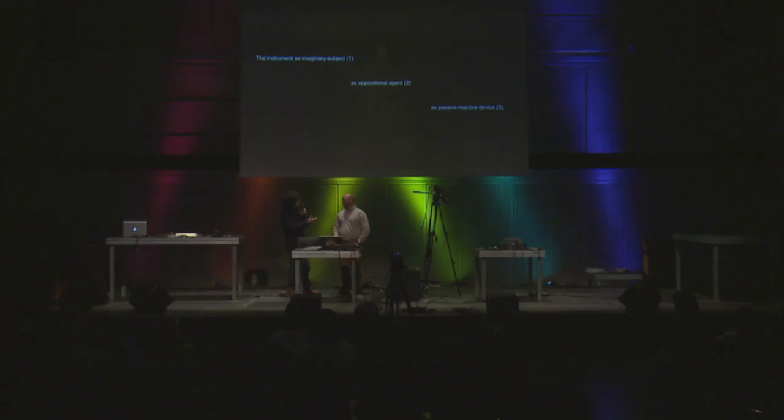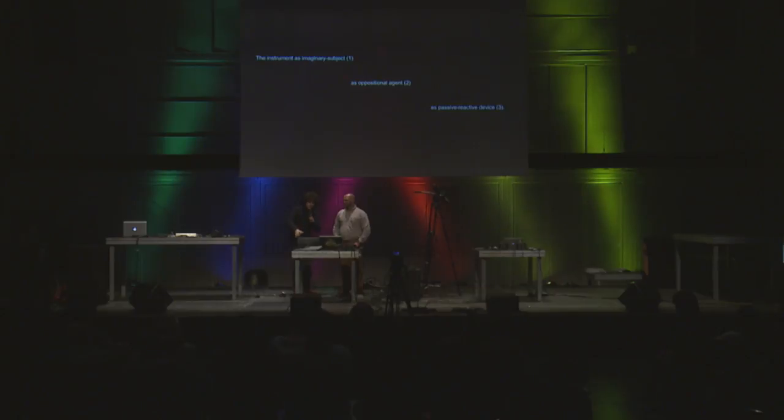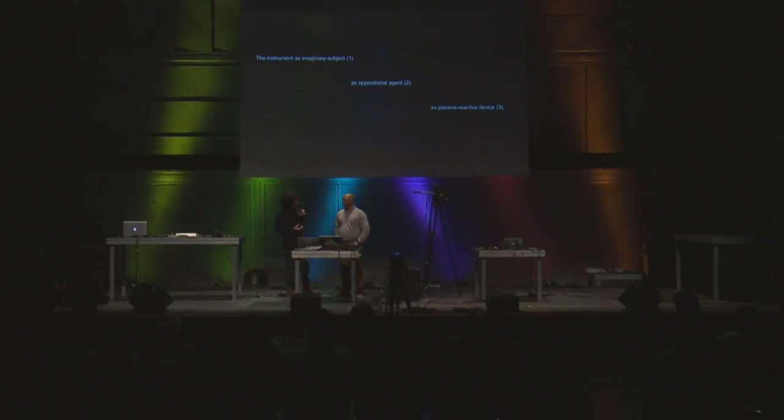And the second one is the oppositional agent paradigm, where the interesting interferences between your will and something resisting you are explored and even exaggerated. The heart of this is machine learning, so it predicts what you're going to do and acts against it. And the third one is the excessively passive device, the device that's more passive than a violin, and more passive than a 1970s synthesizer, because it predicts what you're going to do, and it exaggerates, it anticipates and follows the musician.